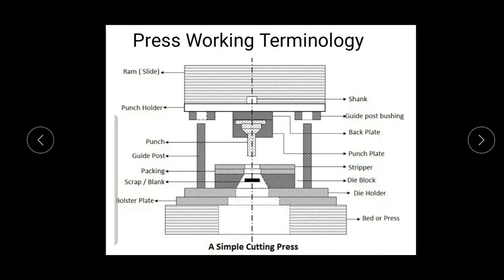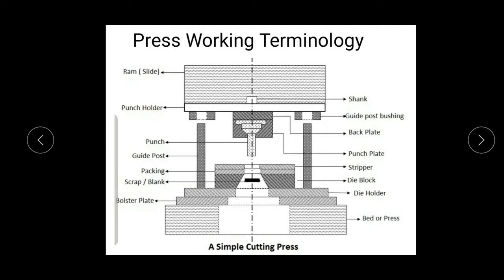Guide posts and guide post bushings are also used. You can see these are guide post bushings, and these are guide posts. So these two components of press tool guide the die set to maintain the alignment during operation. So alignment is very important.